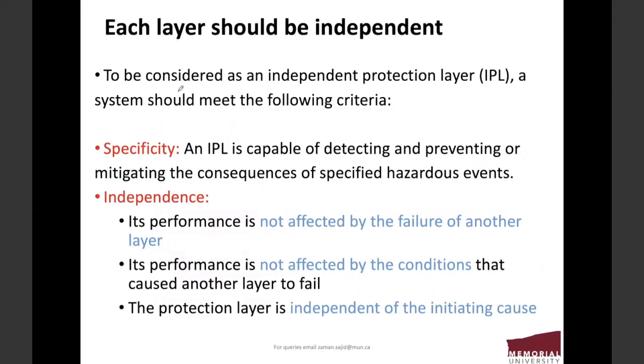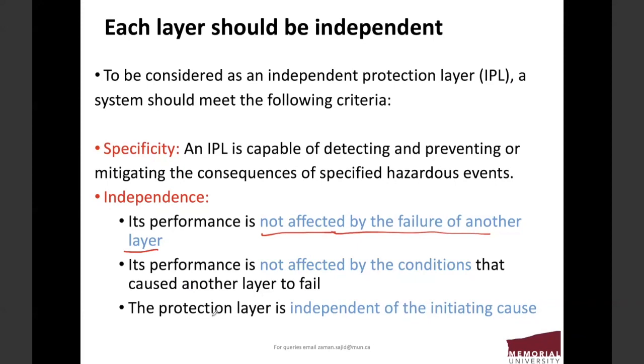Each layer of protection should be independent. To be considered an independent protection layer, a system should meet the following criteria. The first is specificity: an IPL is capable of detecting and preventing or mitigating the consequences of specified hazardous events. Independence: its performance is not affected by the failure of another layer, or by the conditions that caused another layer to fail.